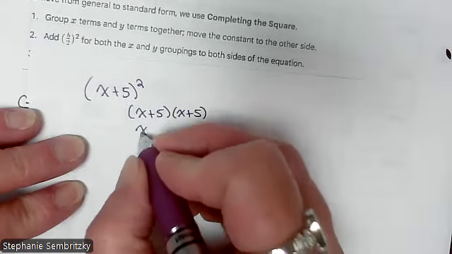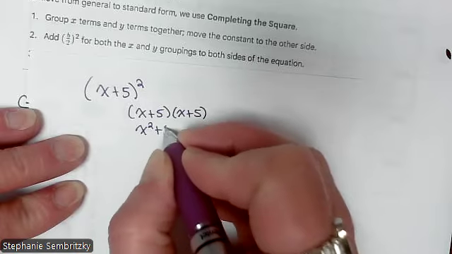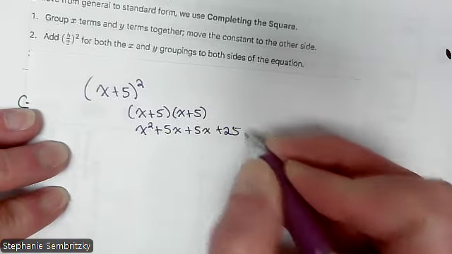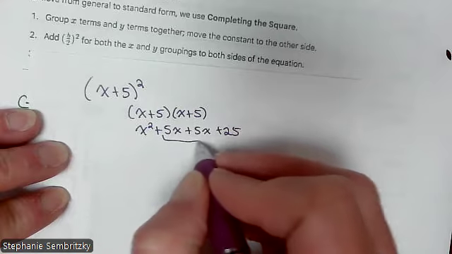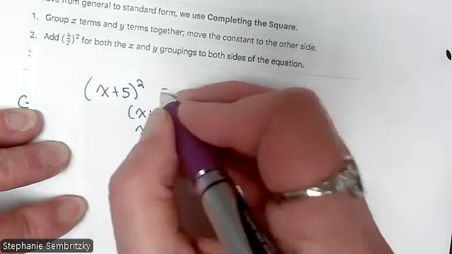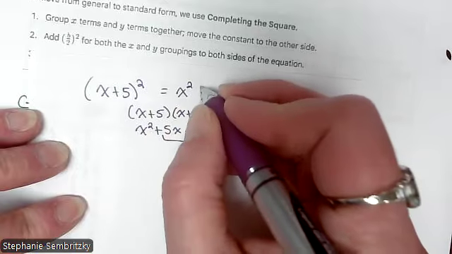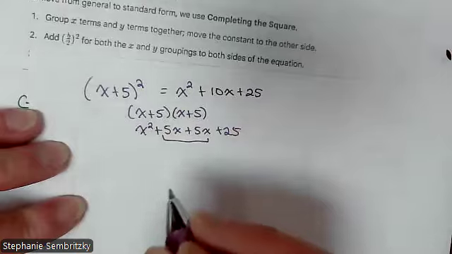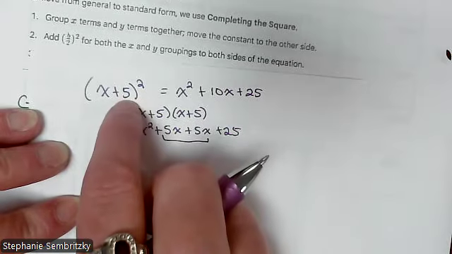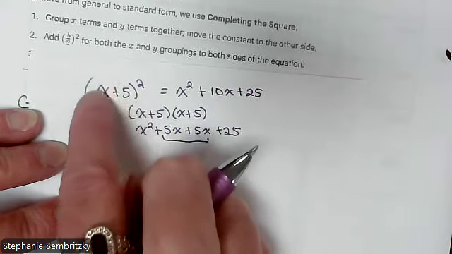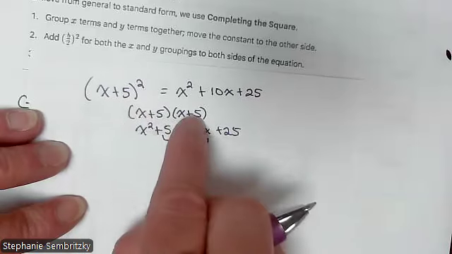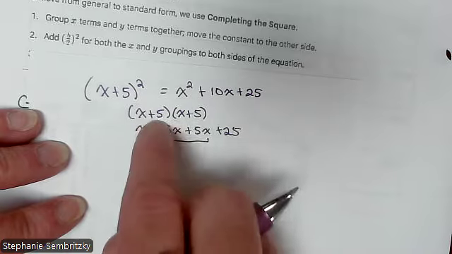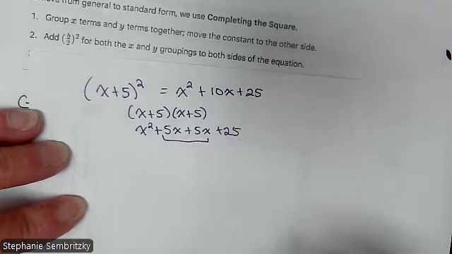That's going to be x squared plus 5x plus 5x plus 25. Those middle terms add together to give me x squared plus 10x plus 25. So when we really think about x plus 5 squared, that's x plus 5 times x plus 5. 5 plus 5 is 10, and 5 times 5 is 25.